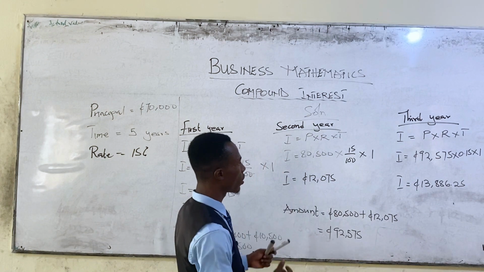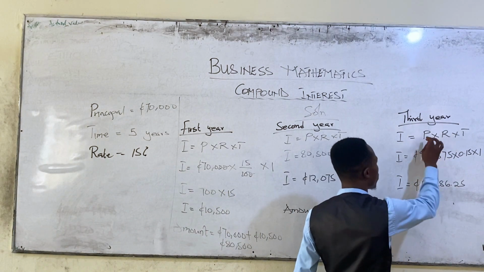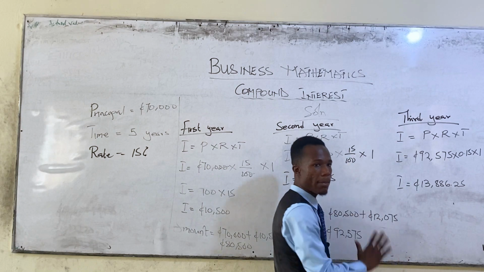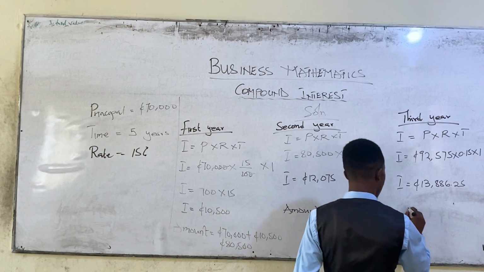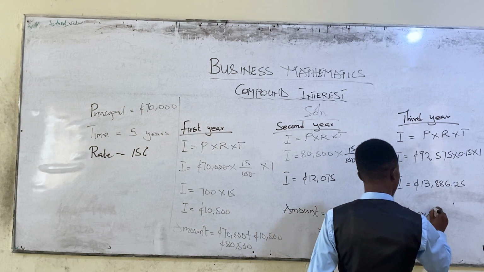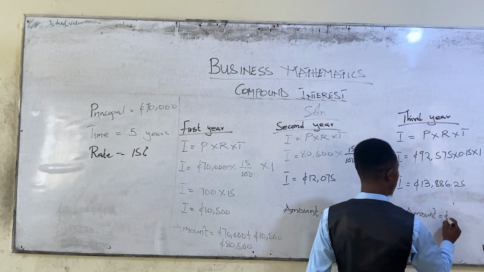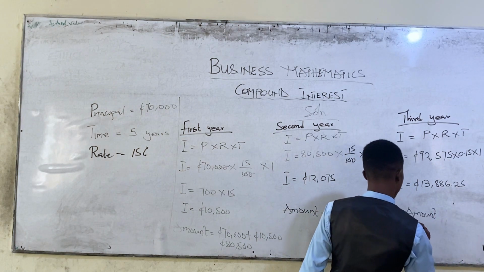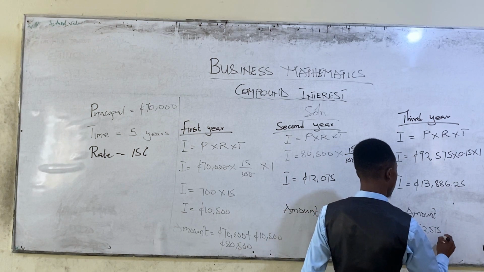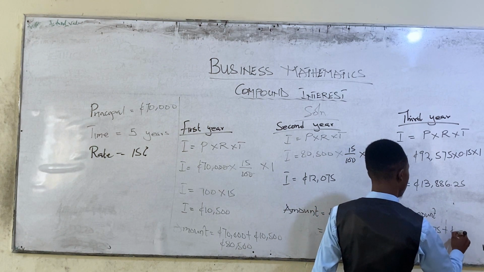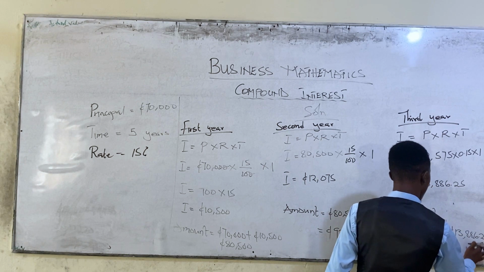If we want to calculate the interest for the fourth year, it means we have to add this interest to this principal, so that will be the amount. Then we send the amount to the fourth year as the principal. So the amount after the third year is equal to our principal, 92,575, plus our interest, 13,886.25.